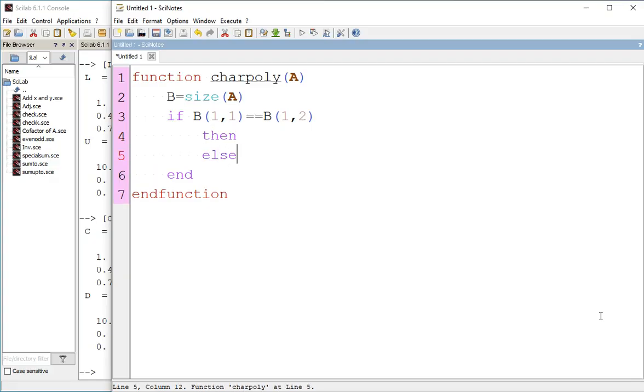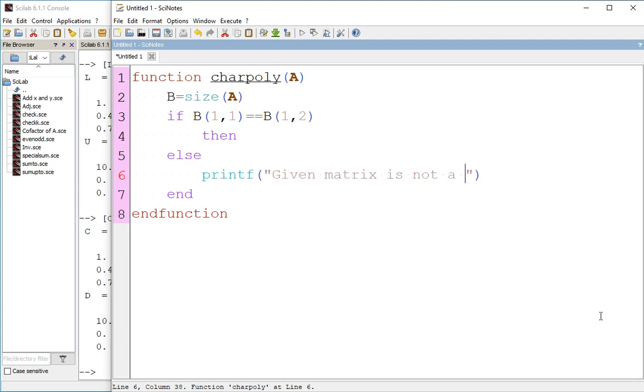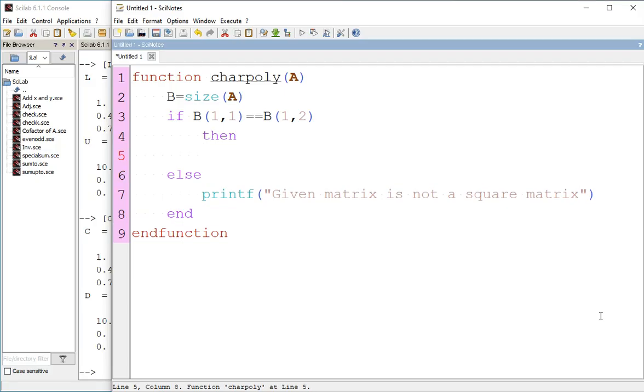Otherwise printf, given matrix is not a square matrix. Correct. So if it is a square matrix, then it has to perform something.